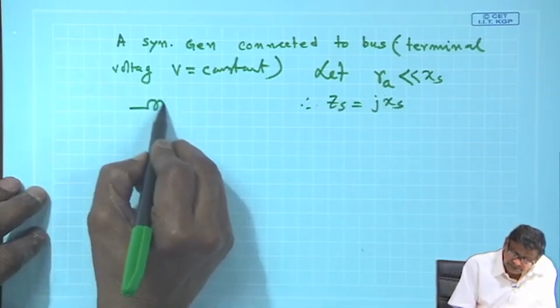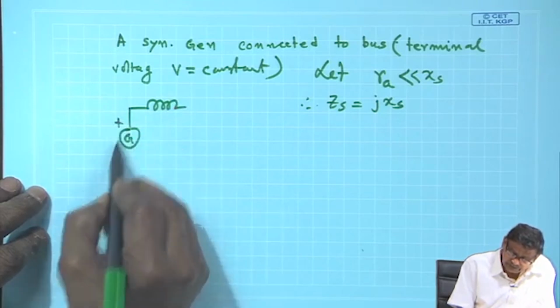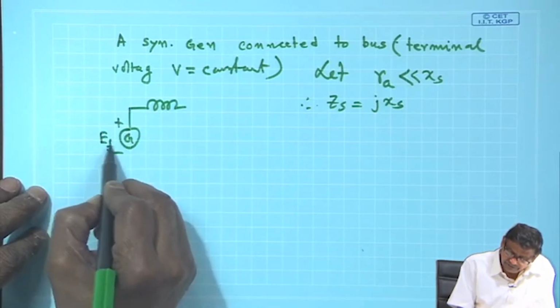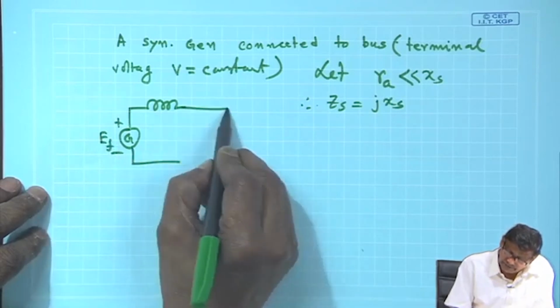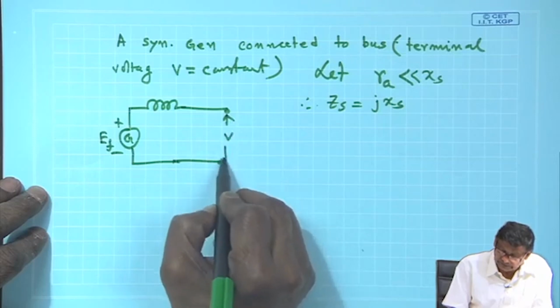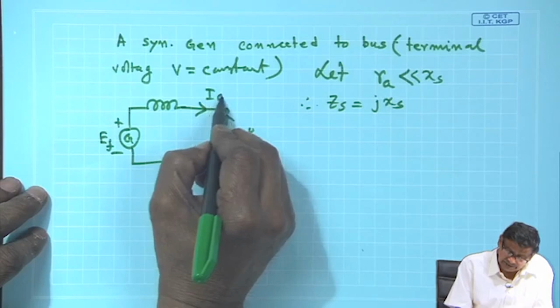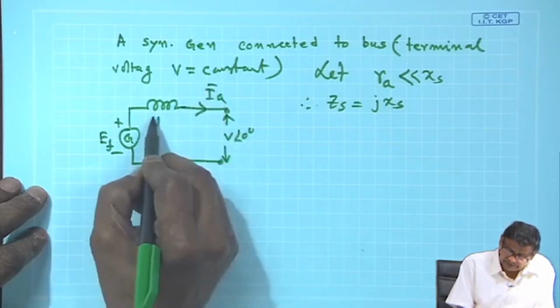So, under this condition, this is the generator mode, this is EF, and here is your bus voltage V, which is at 0 degree, and it is delivering a current IA, and this is jXS.